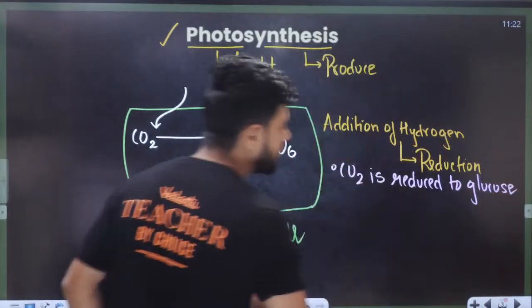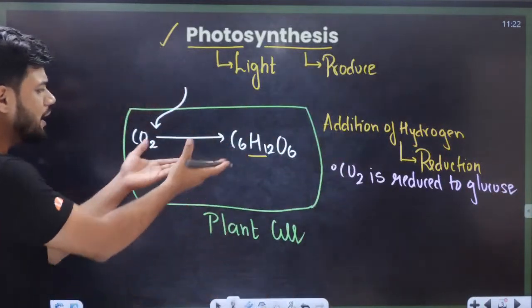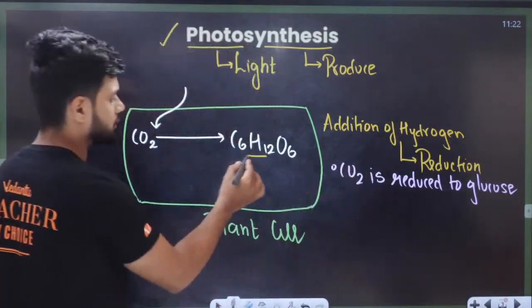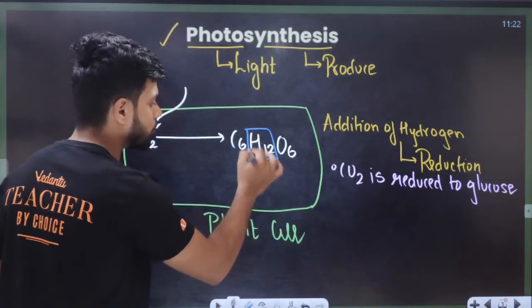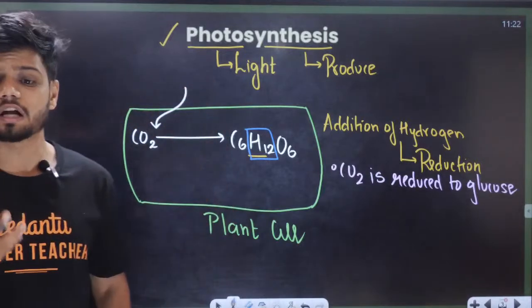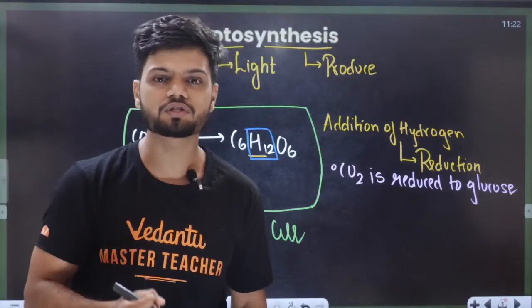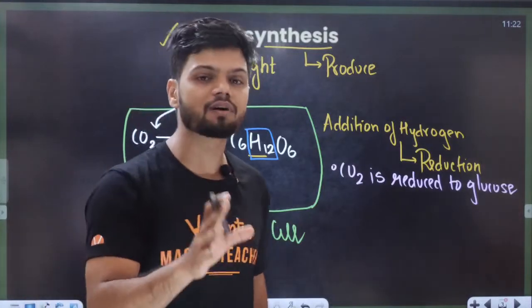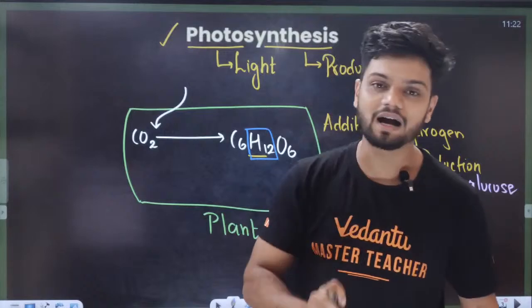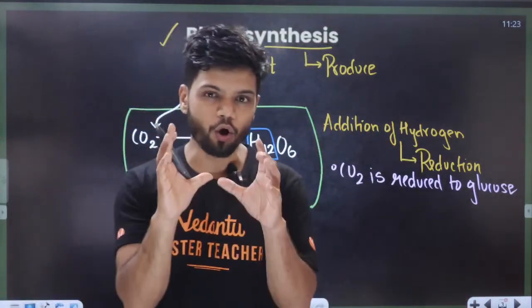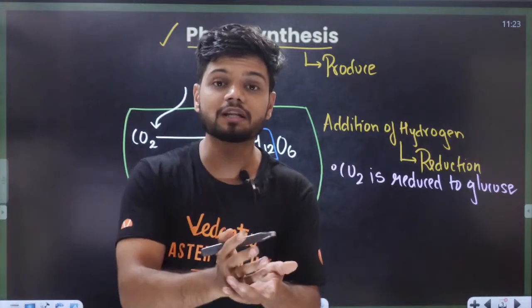Okay, beautiful. Now students, tell me, where is the hydrogen even coming from? See, I told you we are adding hydrogen here. But where is the hydrogen coming from? From air, randomly from the air? No. Then where is the hydrogen coming from? Now students, if you have a garden in your house, or if you have seen farmers working, you will always notice that they water their plants.